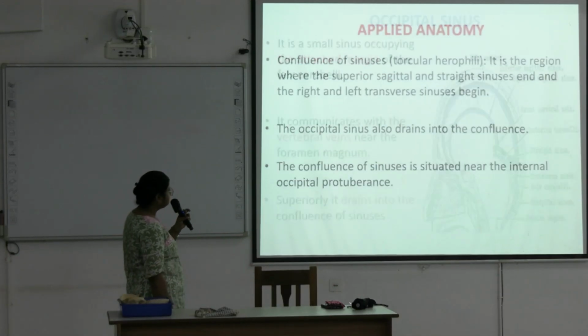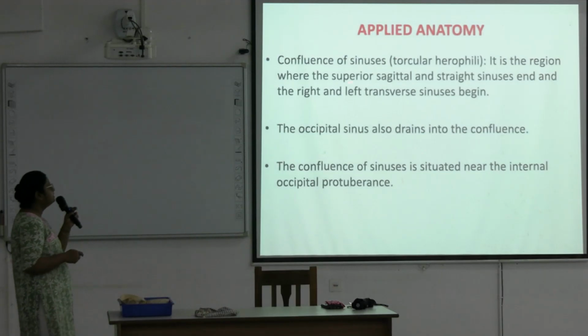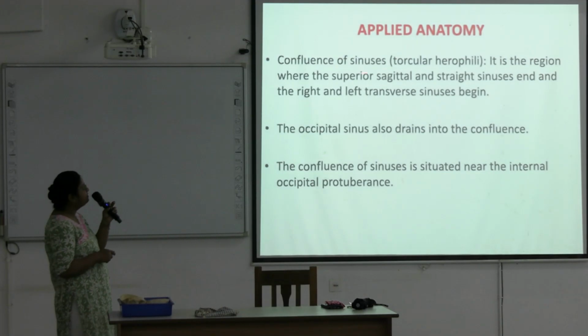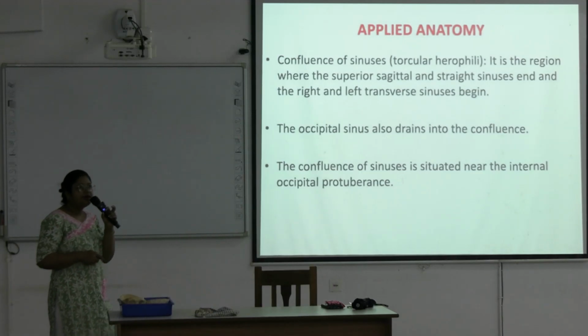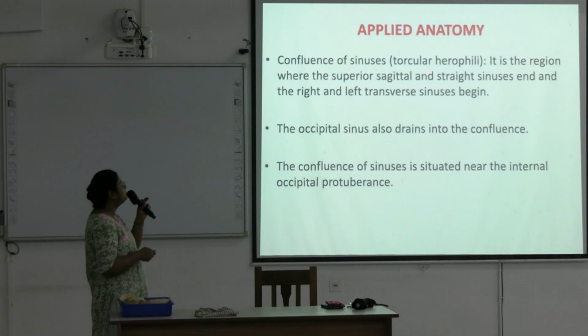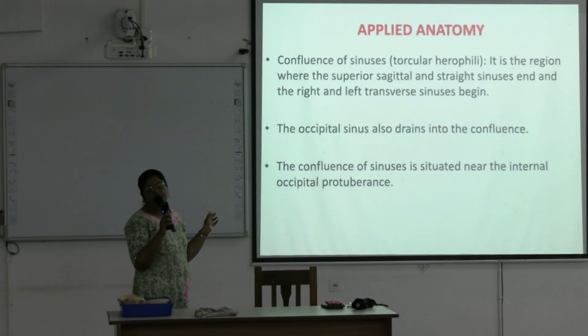Next, applied aspect: the confluence of sinuses, also known as torcular herophili. Okay, this name is also asked in your viva and comes in your MCQs. Torcular herophili, confluence of sinuses, and it can also come as a short note.